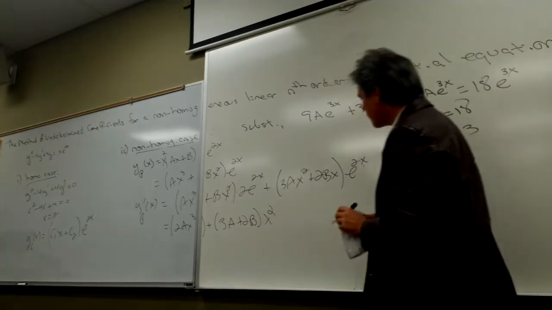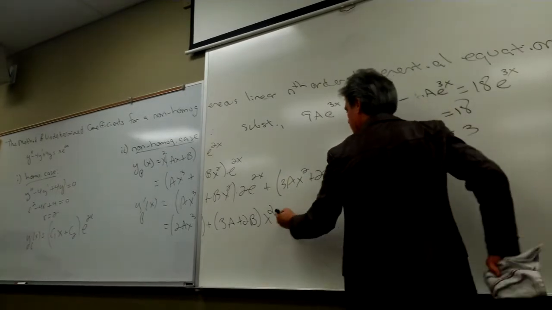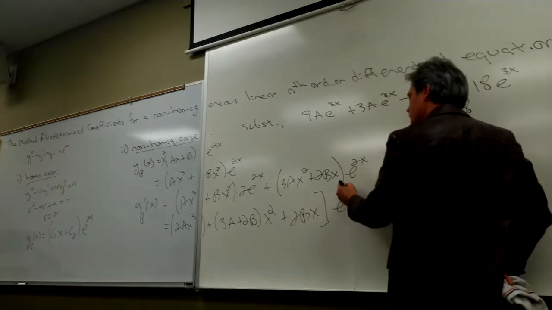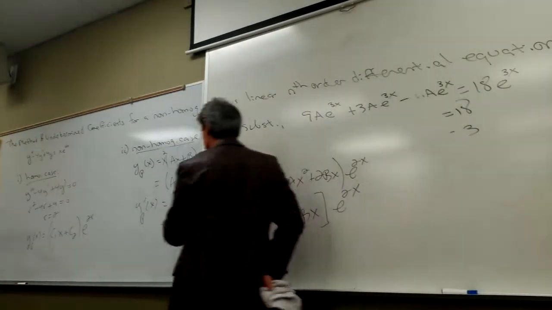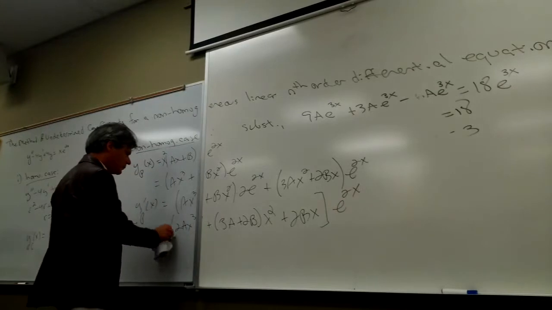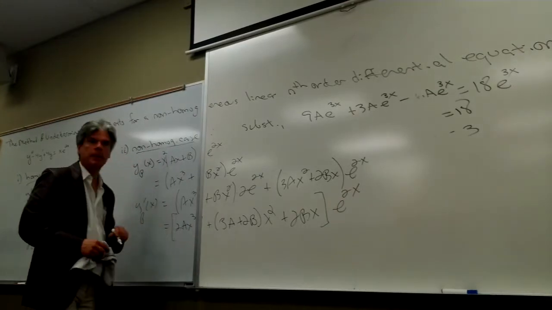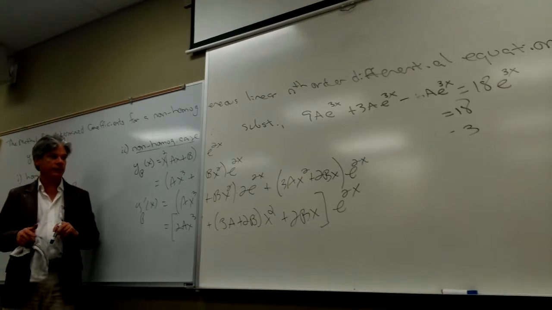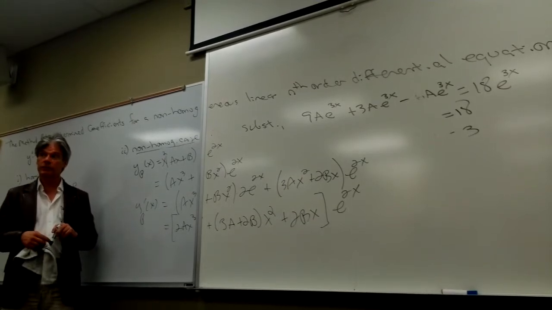And finally, as far as my x term is concerned, I guess I've got a positive 2b times x, all of which is being multiplied to e to the 2x. Oh shoot, you guys, I got a bit of work to do. I've got to differentiate again.